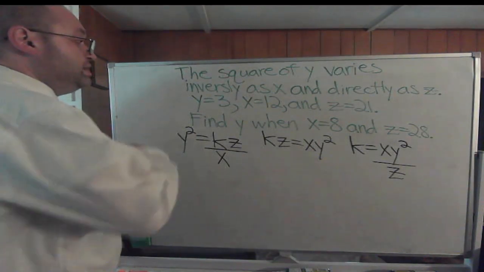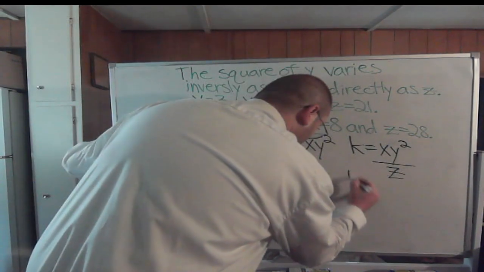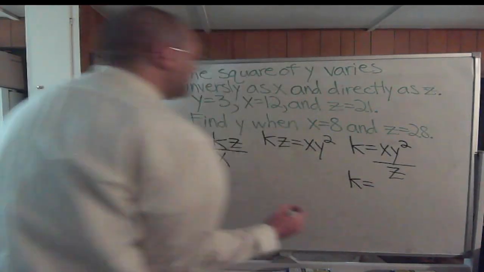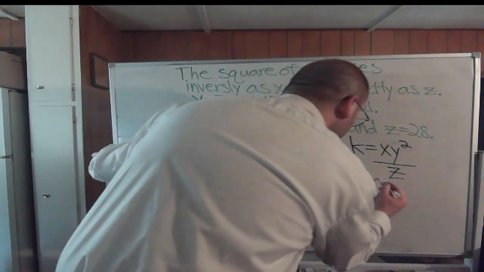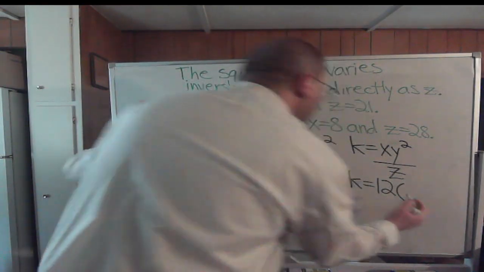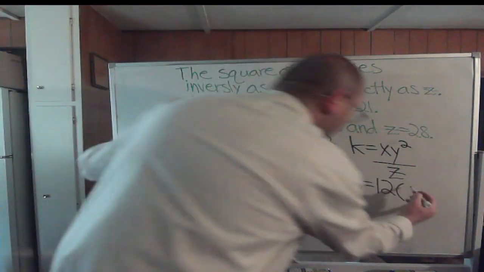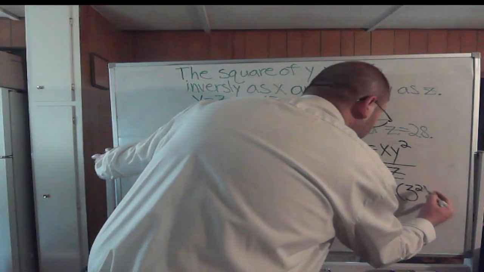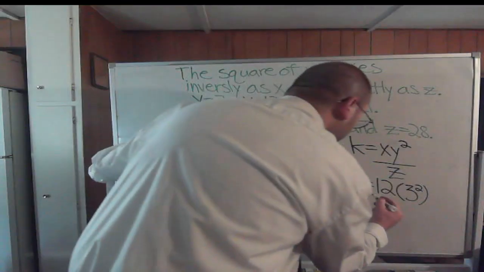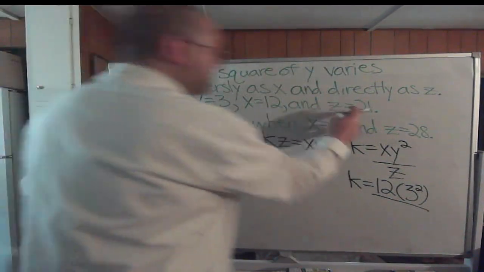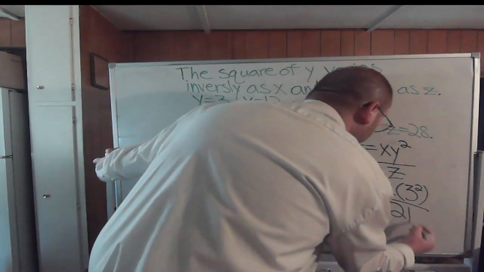So we'll solve for k. That's going to equal, the x value given to us was 12, times the y value. Y was 3. That's actually going to be 3 to the second, since it's y to the second, all over the z value, which was 21.